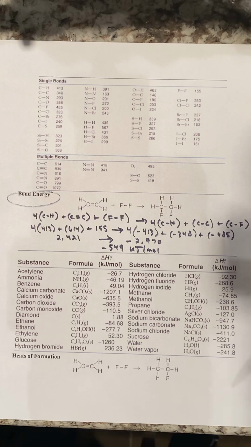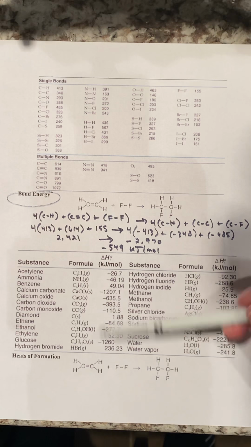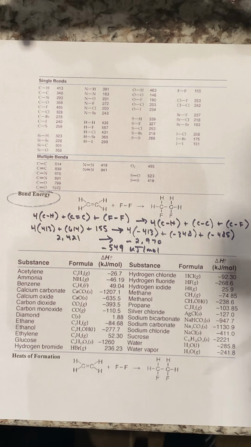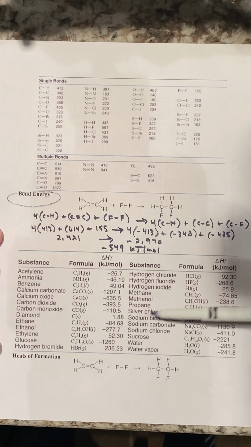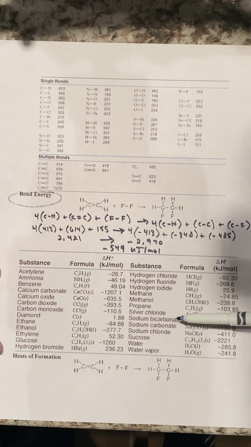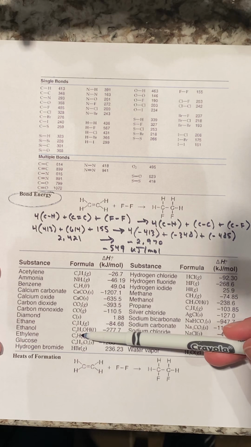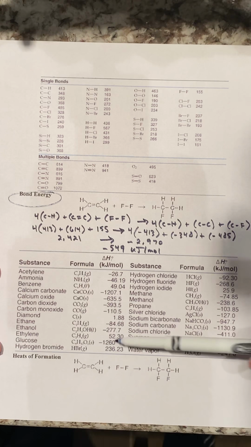So now let's use heats of formation to do the exact same reaction. So the nice thing with heats of formation is we're just looking at this chart and seeing that value. We don't have to draw a Lewis structure. We don't have to look at all the bonds. We just look at the chart, find that value. So in the heats of formation chart, we see the molecule, and then we see that 52.30.